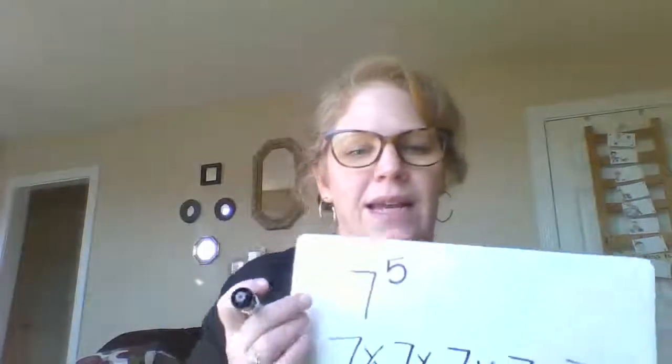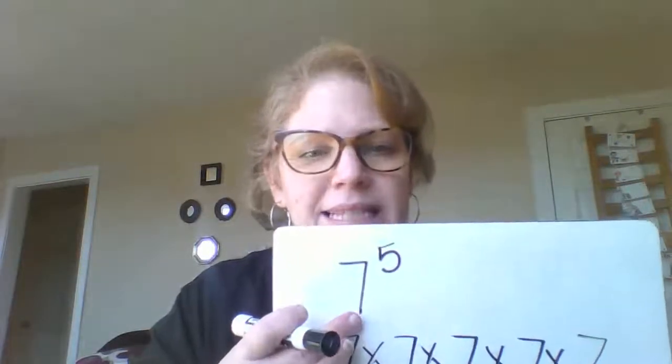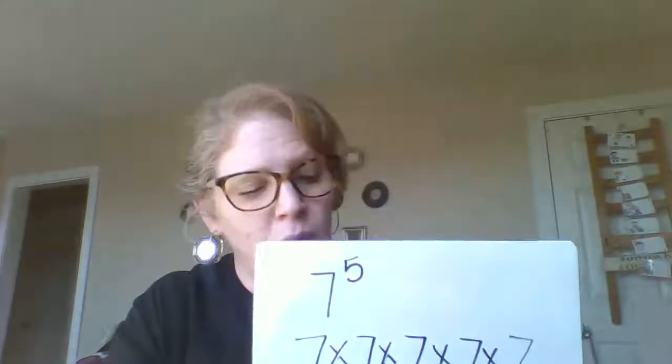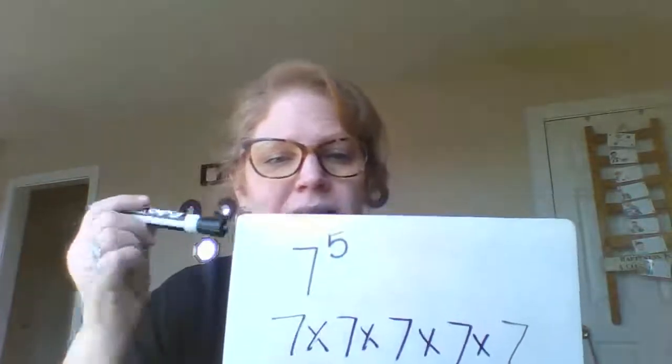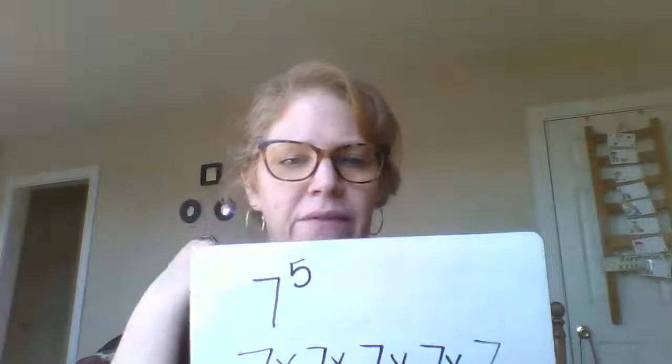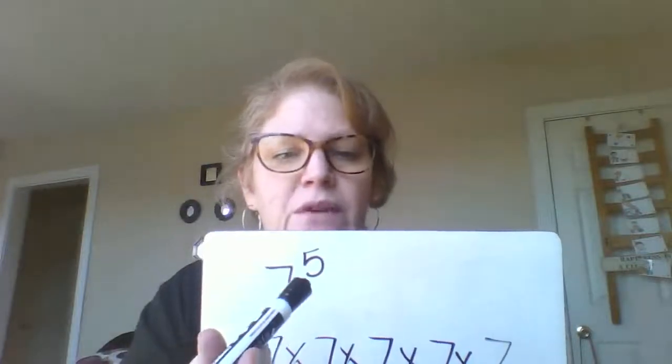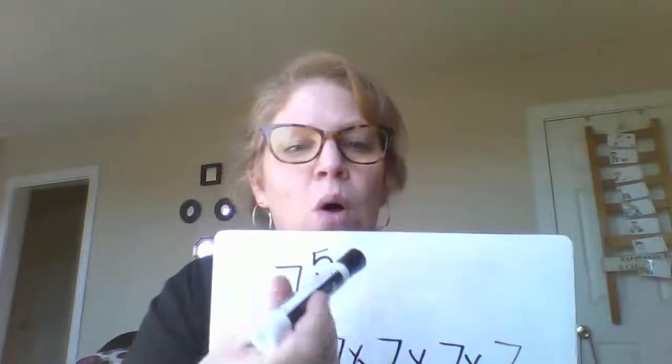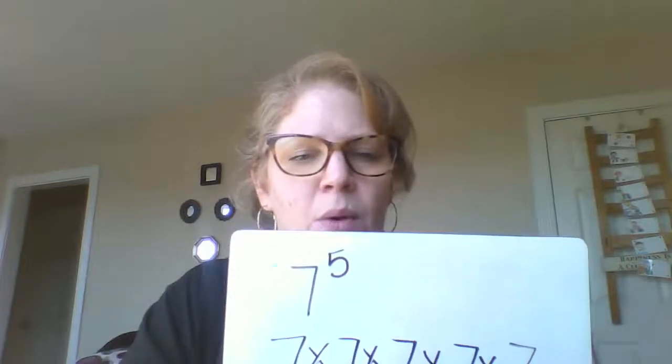Okay, so those are the words that we have to learn. We have to learn what the base is, and we know that in this example, the base is 7. We need to know what the exponent is, and here it's a 5, so 7 to the 5th power. The whole thing is called a power.